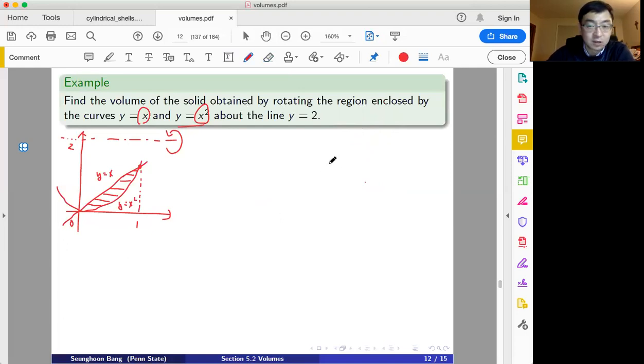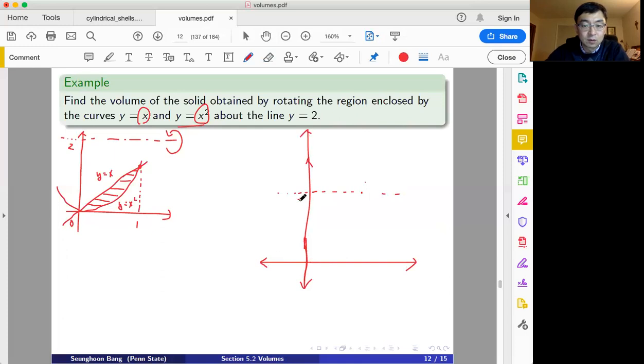Do we have this one? Here, we have y equals 2. The outside one is this curve.